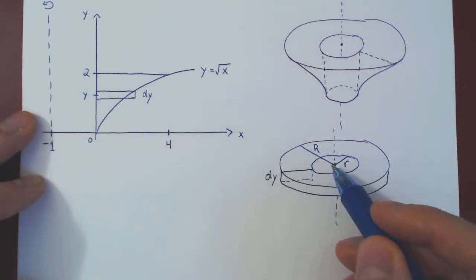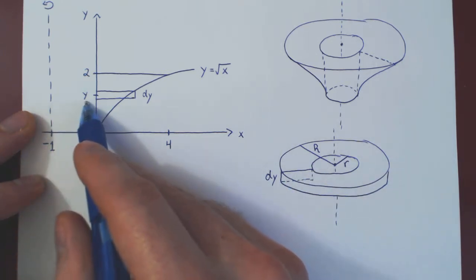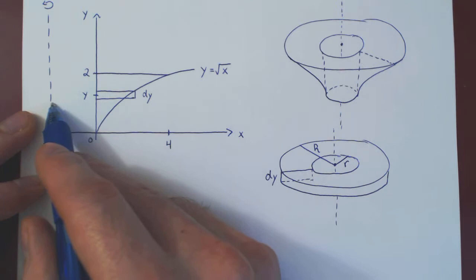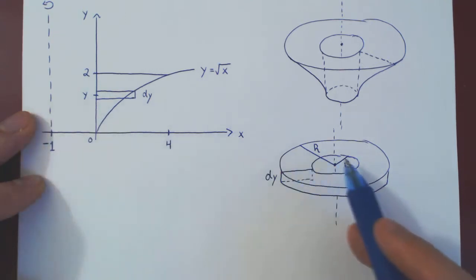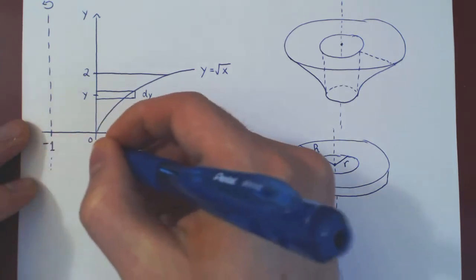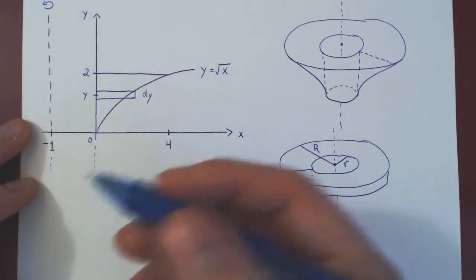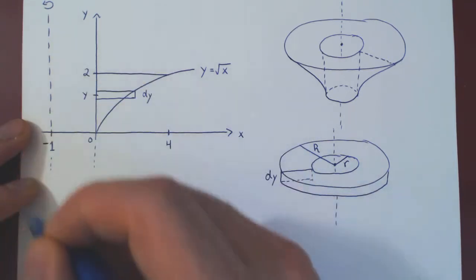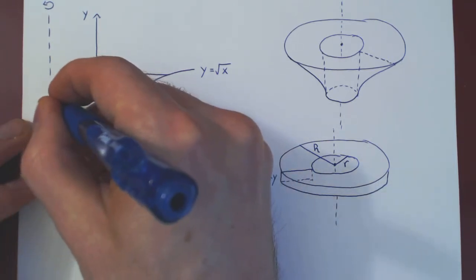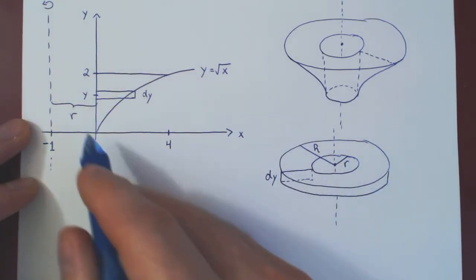So we go from the axis to the first time we touched a rectangle. So we have to go from here to here. So this line segment is the smaller radius. Well, let me include the small radius here so you can clearly see it. So that is your small radius.